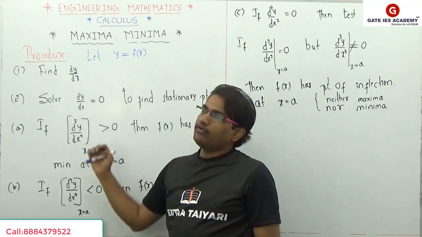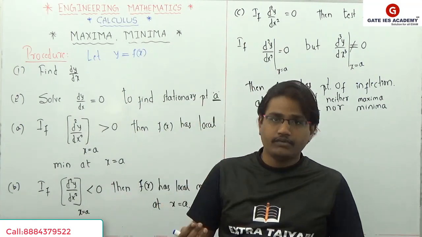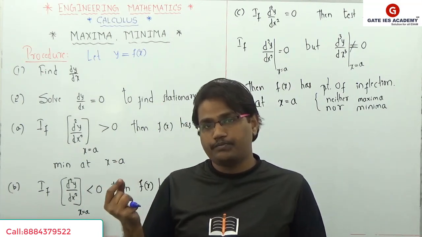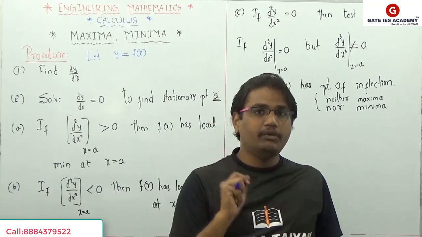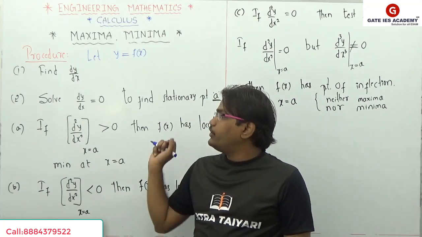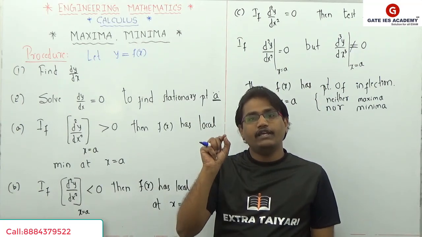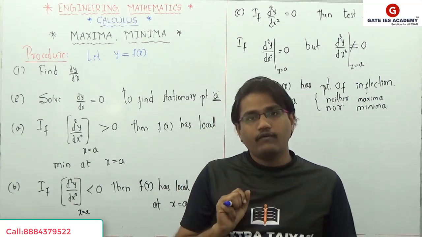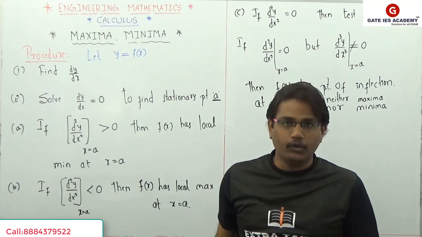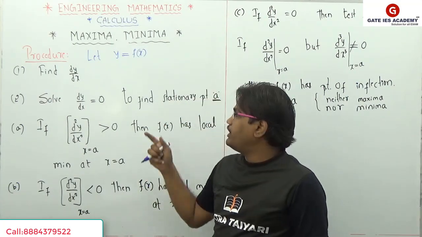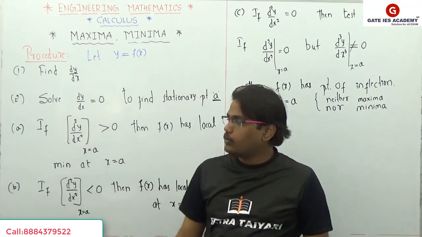Now find the value of x, meaning at what points there is a 0 slope. They are known as the stationary points. But we don't know the nature there, meaning whether that point is a maxima value or a minima value. So just find the points by equating the differentiation equal to 0.